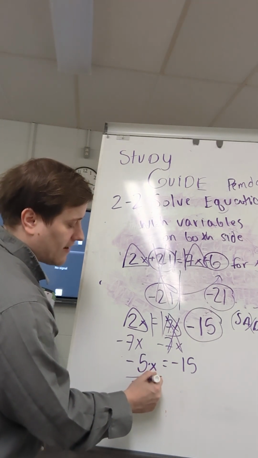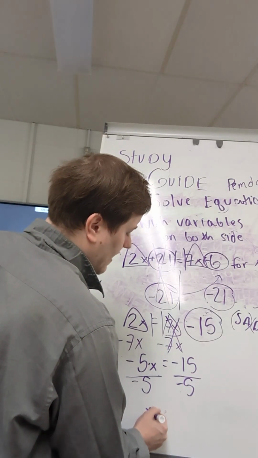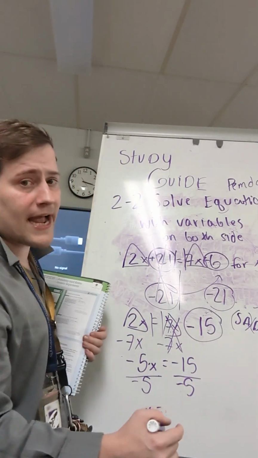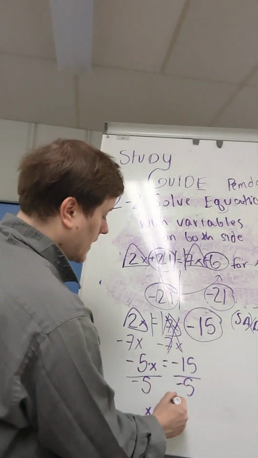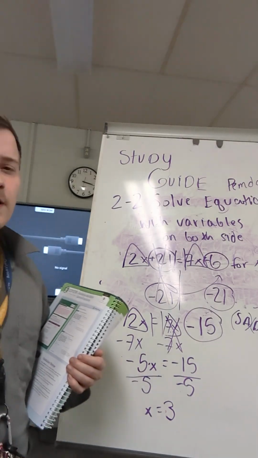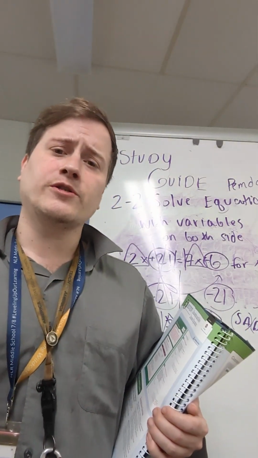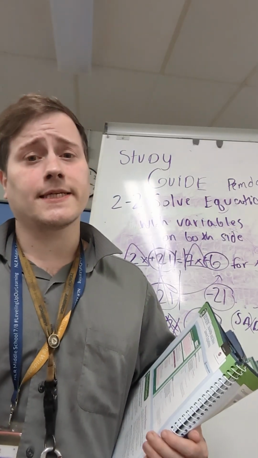Multiply by negative 5. It's just divide by negative 5. And thus we are left, if you don't believe me, use your calculator, but remember 2 negatives make a positive with multiplication and division. We get x equals 3. And we're finished. That's how you solve problems with variables on both sides and constants on both sides.